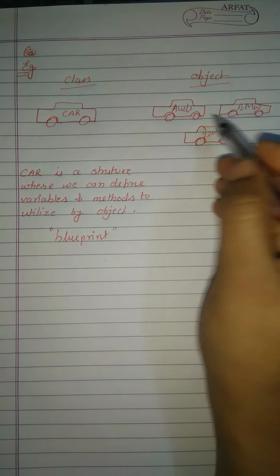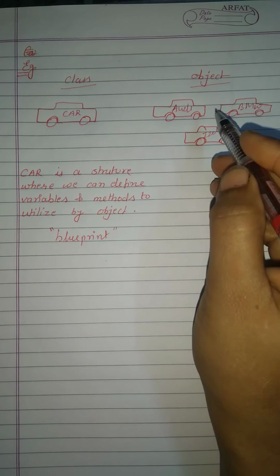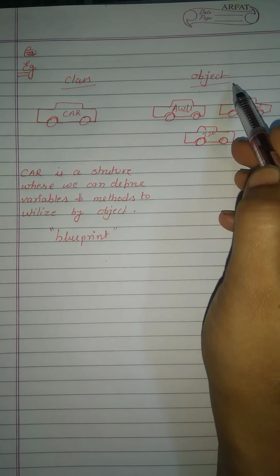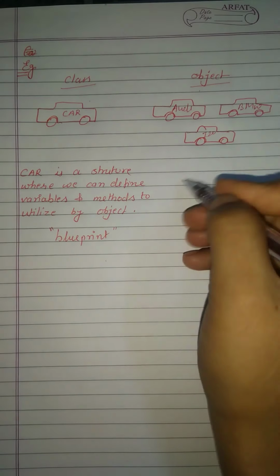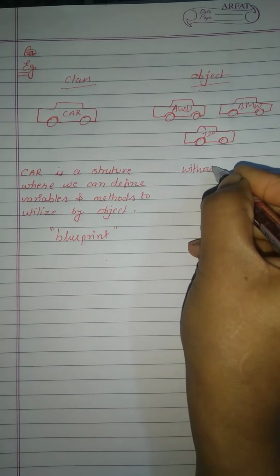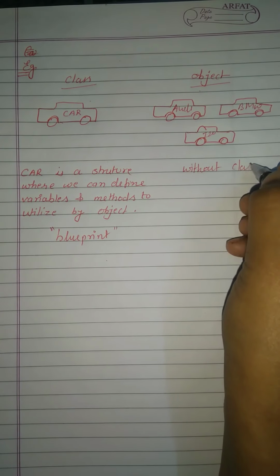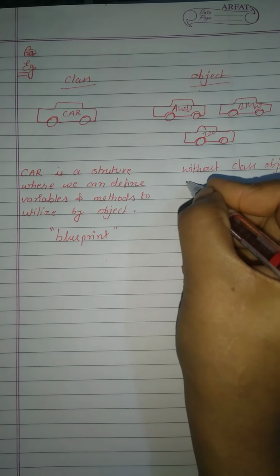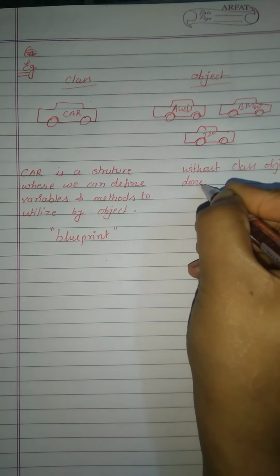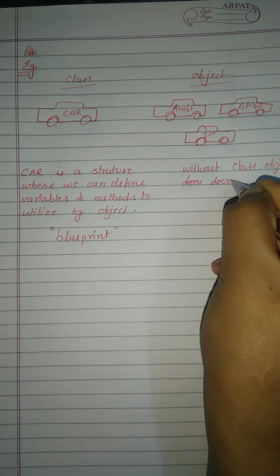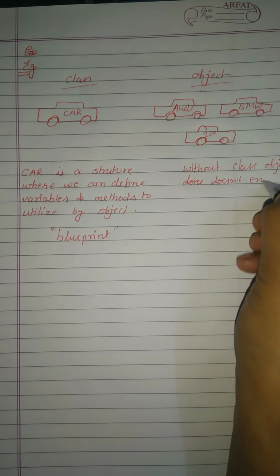So without a class, an object does not exist. You can write here: without class, object does not exist.